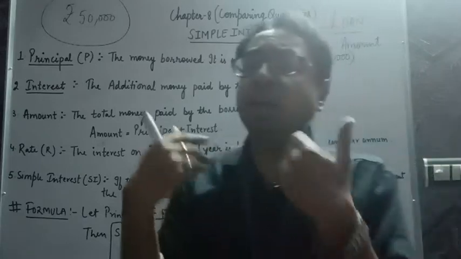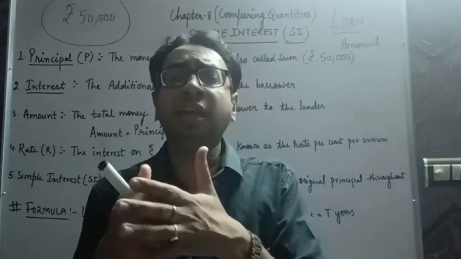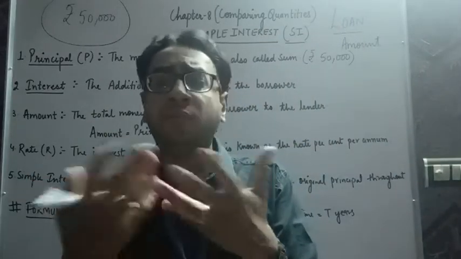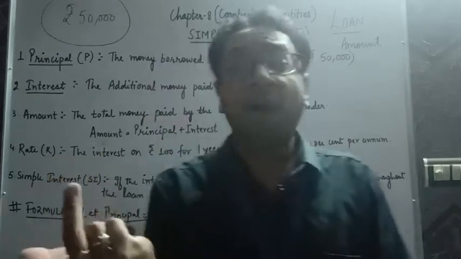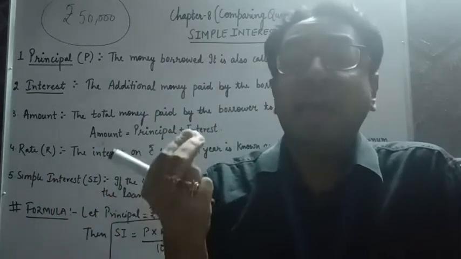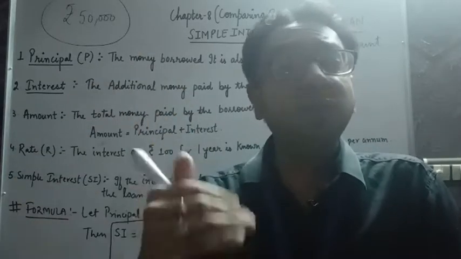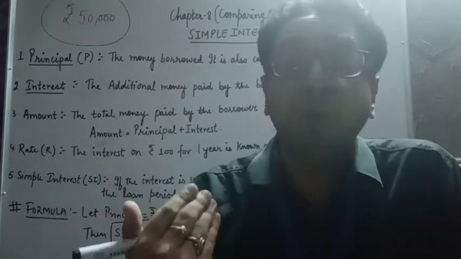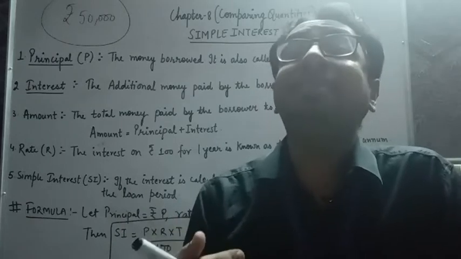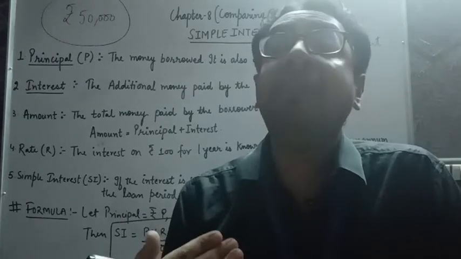Now, what do you think? Will the bank ask you to give back 50,000 rupees after 7 days or 10 days? No way. Then why would the bank give you the money? Everyone will give money on a prior basis with some benefits. Those benefits are known as interest, the extra amount.